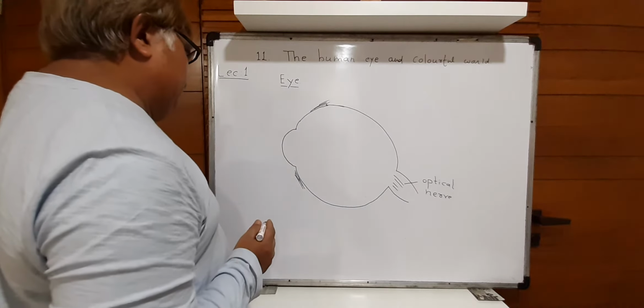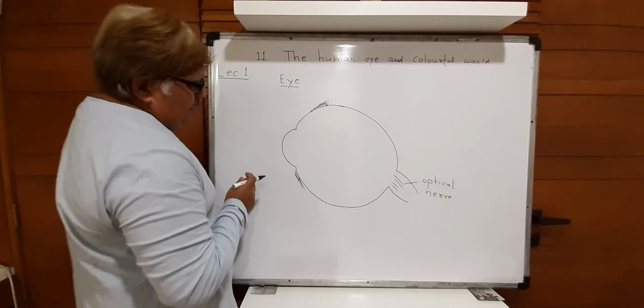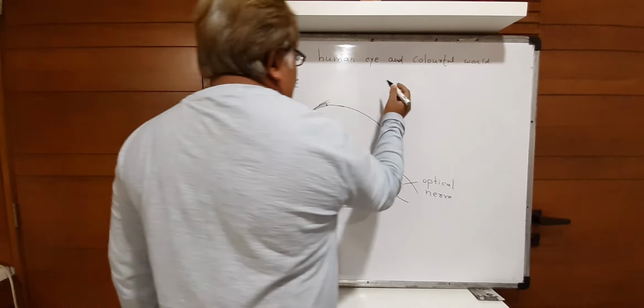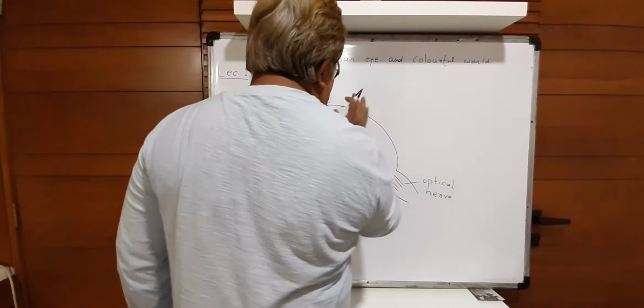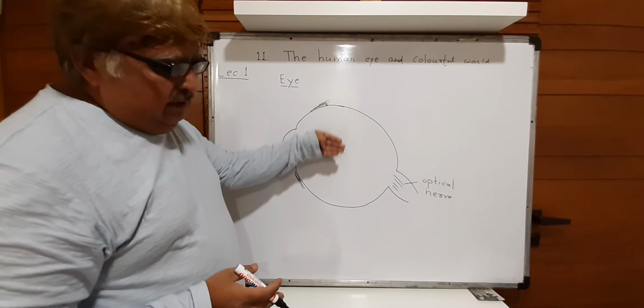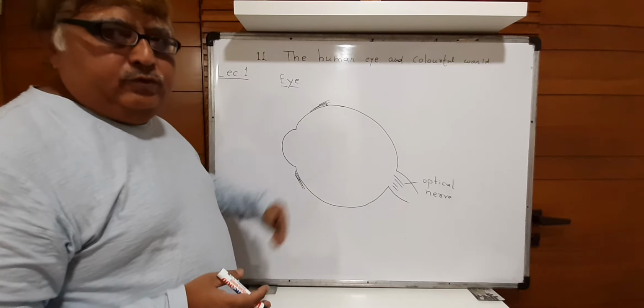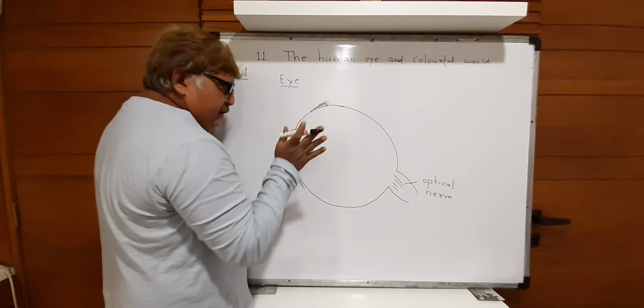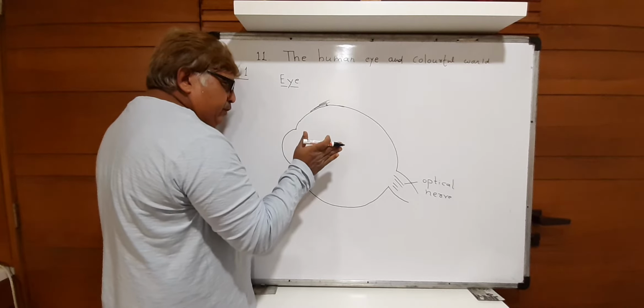Now, as you know, we are trying to visualize our eye from the side. This is the side view of your eye.